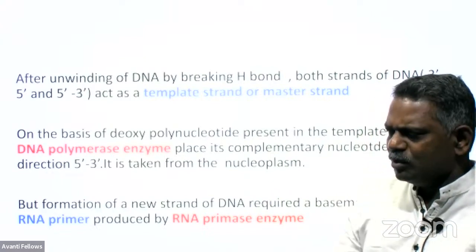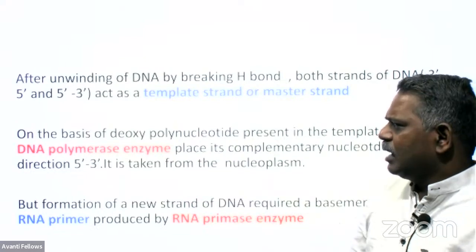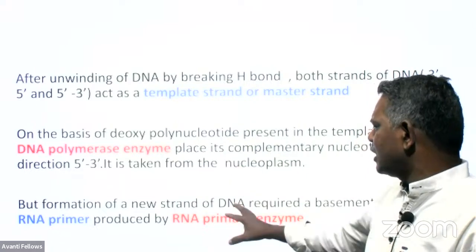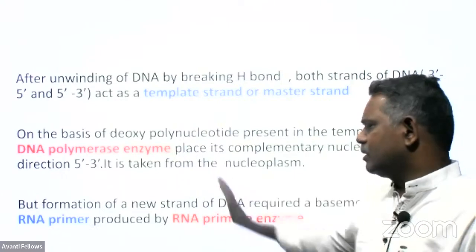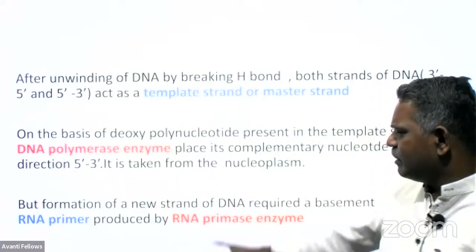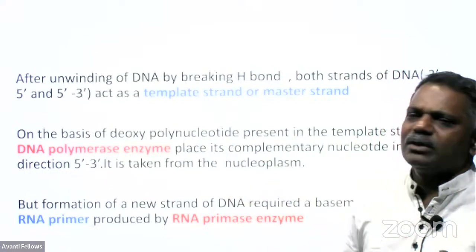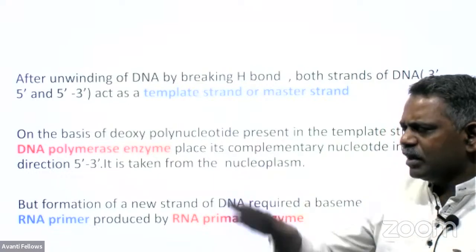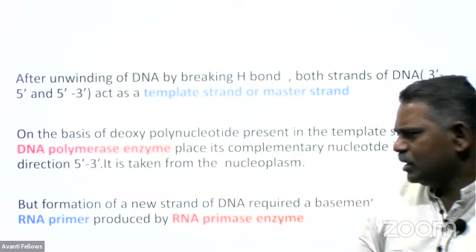It is not possible to elongate the new strand of DNA unless DNA polymerase binds to the RNA primer. Then only it can elongate in the 5' 3' direction. So RNA primer is nothing but a small RNA nucleotide stretch, and from it DNA polymerase elongates from the 5' to the 3' direction.